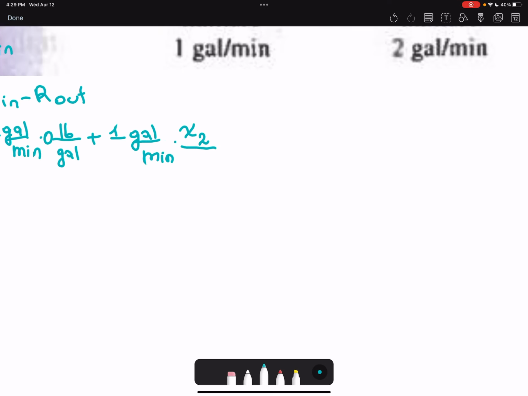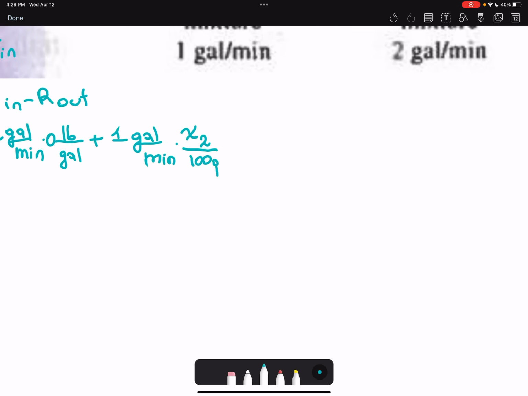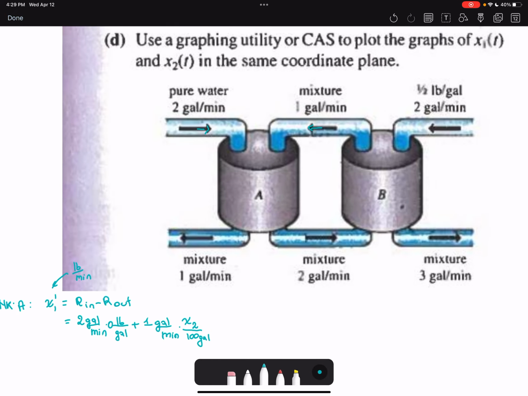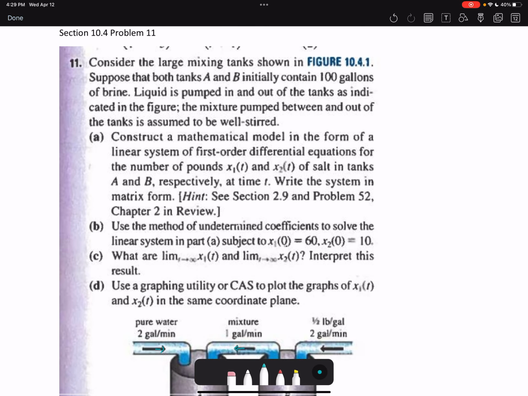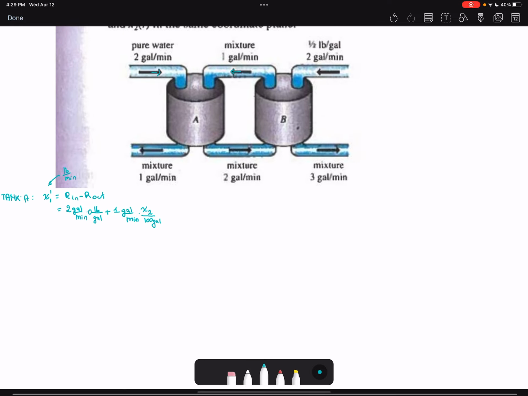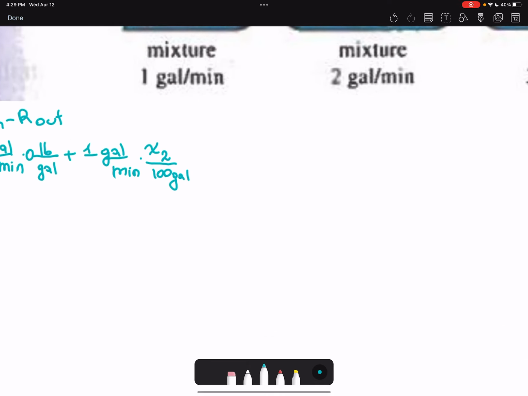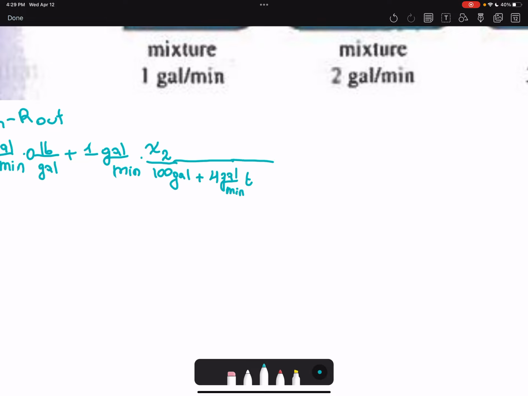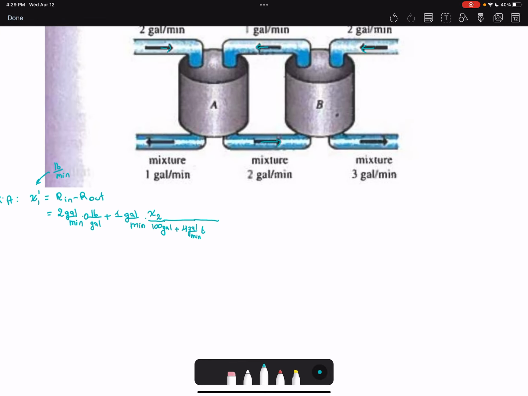Now we said there's 100 gallons in tank B, right? It said that in the problem statement above: initially contains 100 gallons. And then notice we have 2 gallons going in here and 2 gallons going in here, so a total of plus 4 gallons per minute going in times time, depending on what time it is.